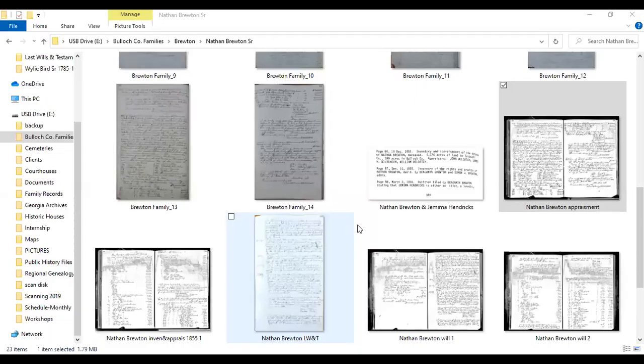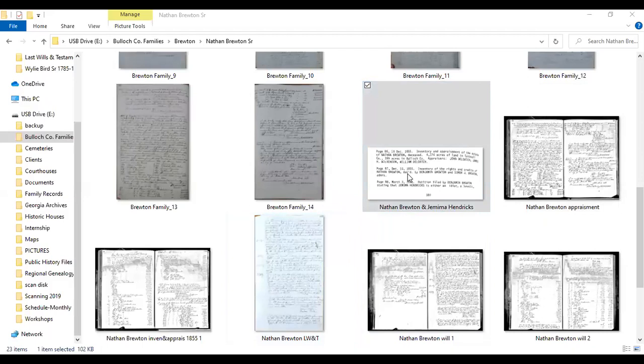And then also, remember how I said there are some that would declare their siblings incompetent. So here you have inventory of the rights and credits of Nathan Bruton, deceased. And then it says petition filed by Benjamin Bruton stating that Jemima Hendricks is either an idiot or a lunatic.